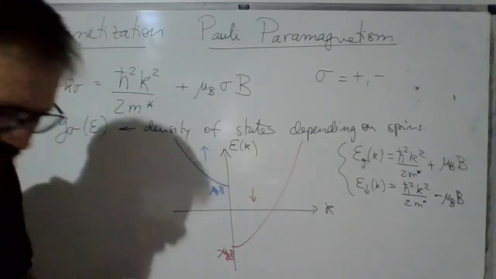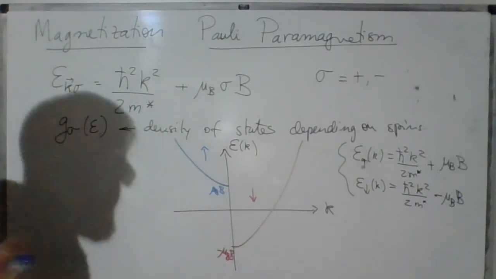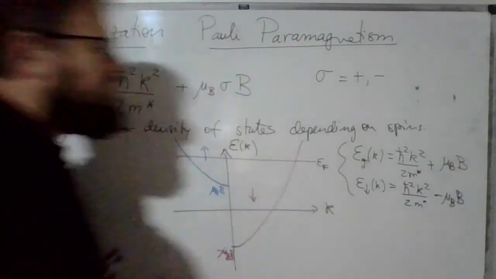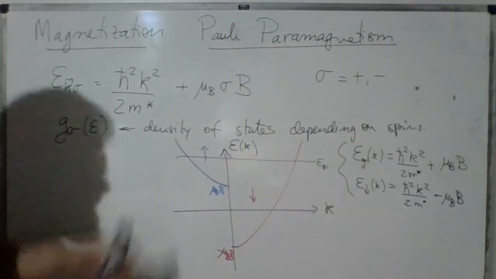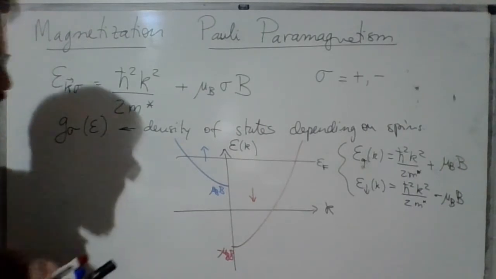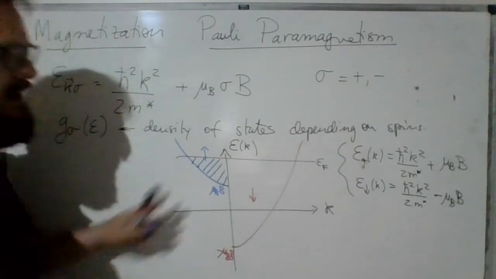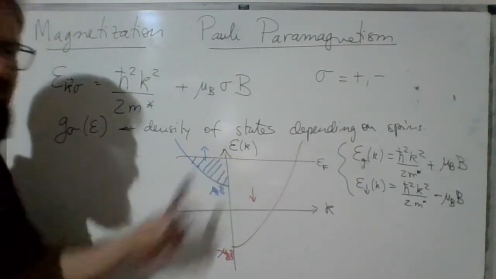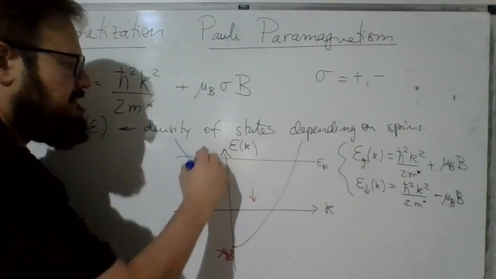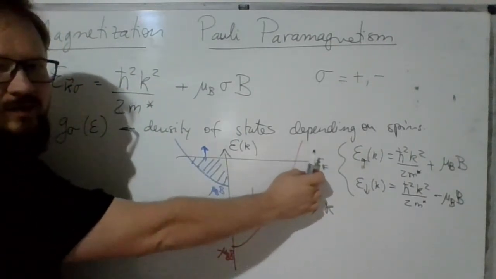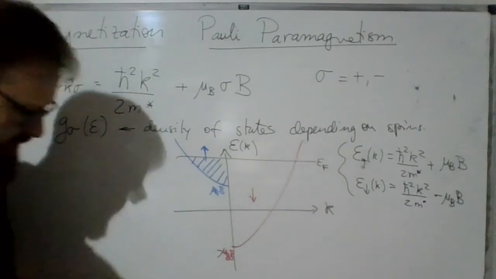And therefore, if you have a Fermi level here, this is the Fermi level of your system, notice that there are much more down spins. Okay, this is the population of up spins. They fill all the states till you reach the new equilibrium Fermi level.